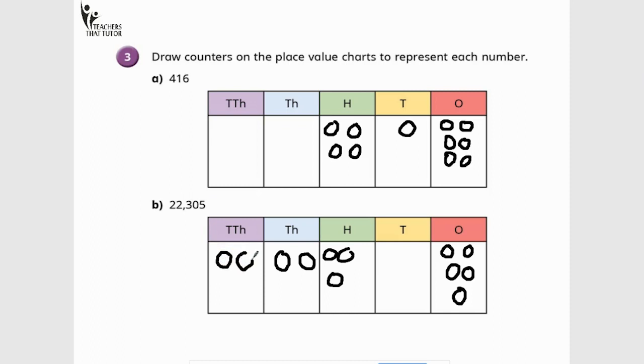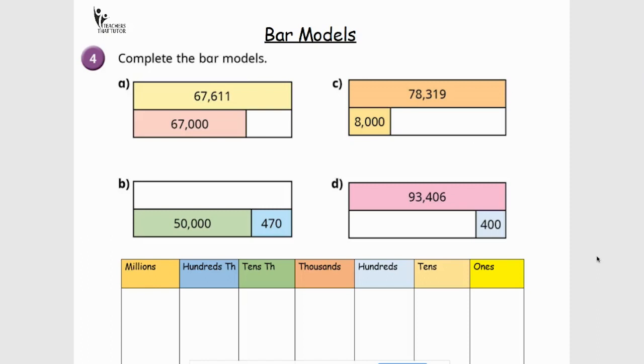But just remember, this doesn't mean 1,000, 2,000. This is in the tens of thousands column, so that is actually 10,000. And that counter is 10,000, meaning that that is 20,000 there. That is 2,000, that is 300, and that is 5. 22,305.